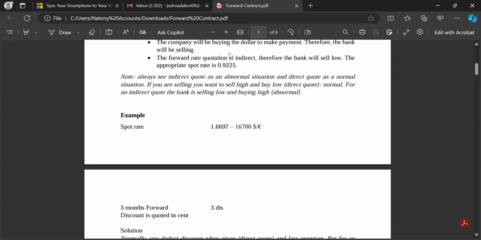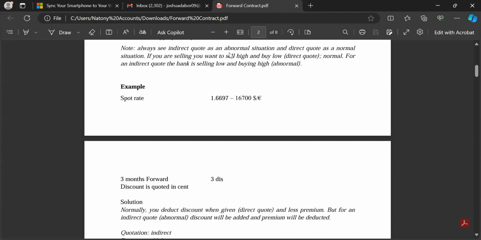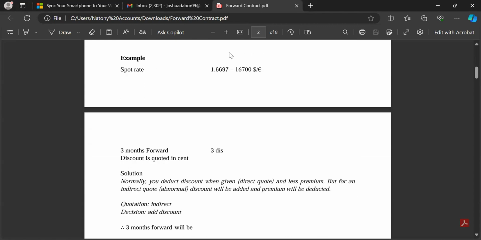If your company receives a discount, normally you want to deduct discounts. So with the direct quote, you deduct discounts and you add premium. Deduct discount, that's the rule, add premium for a direct quote.